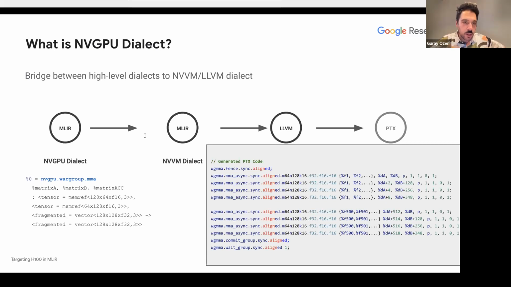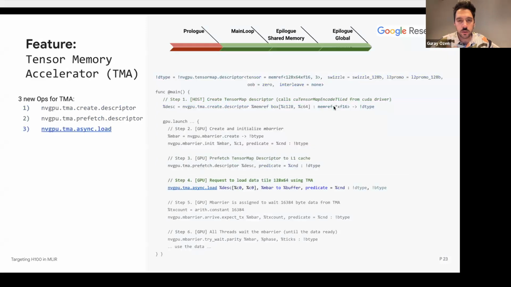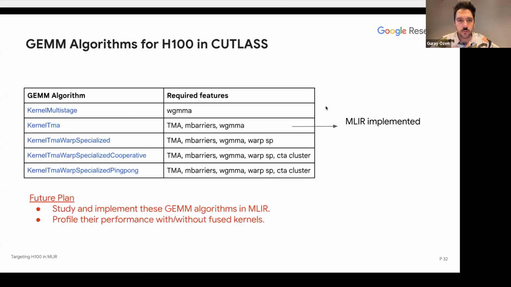Okay, so in the chat there is one question. What are the next steps to achieving parity with NVIDIA Cutlass? Yeah, so let me take my slides. Well, to get the parity, first we need to implement the CTA cluster feature in the NVVM and NVGPU dialects, because this is the remaining feature.